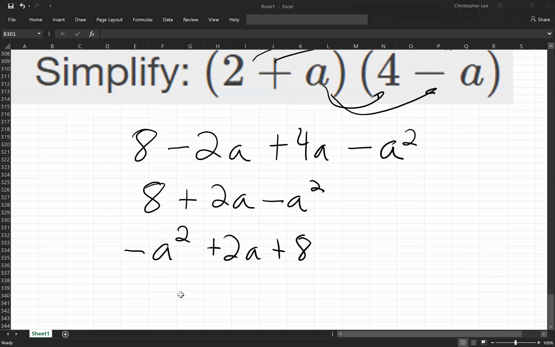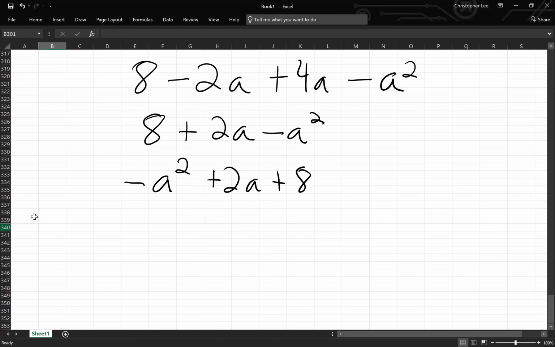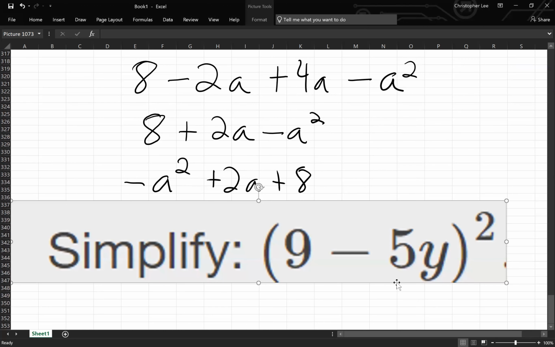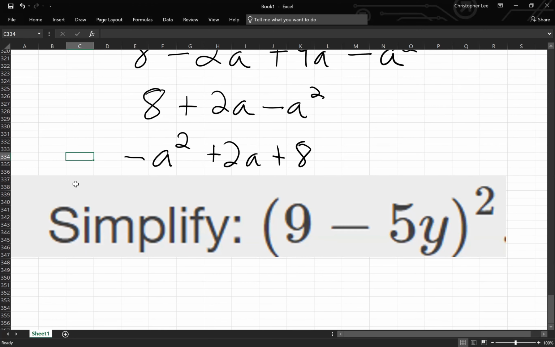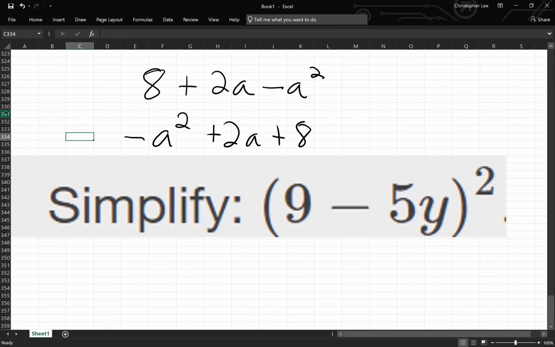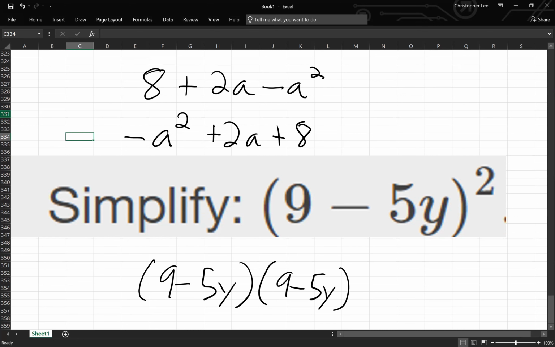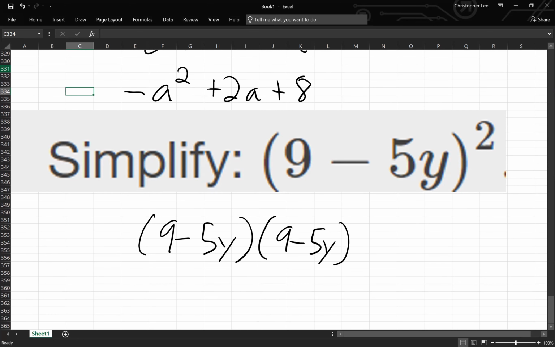All right. So, same question, a little bit different. How do I do this? Okay, write it 2 times. All right, so 9 minus 5y and 9 minus 5y. And FOIL it. All right, cool. So what's the answer?